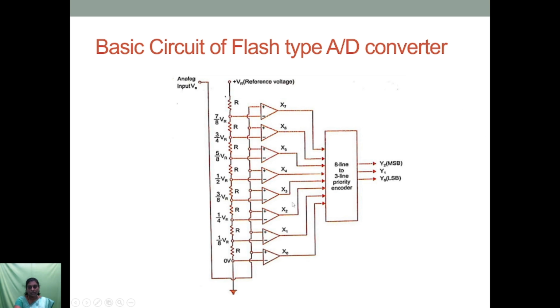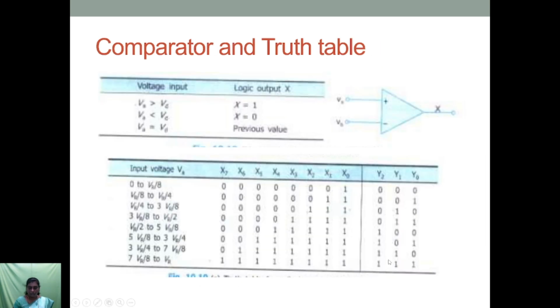So again, these 8 outputs of the comparator are converted into 3 digital outputs by using this 8x3 priority encoder. The truth table for this 8x3 encoder is shown in the tabular column. Here you can see, if the input voltage lies between 0 to V reference divided by 8, then only the x0 bit is set as 1.